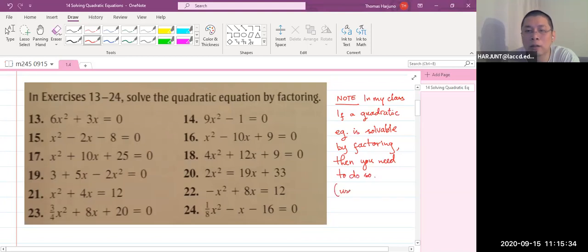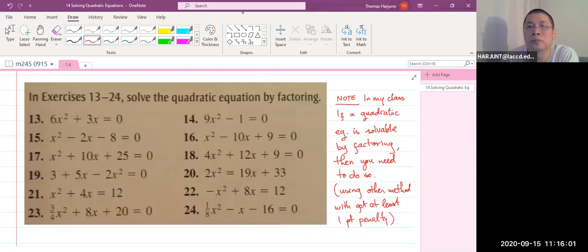Using other methods will get at least 1 point penalty. Okay, in my class. The reason is because if it is something you can factor, then you can do it by factoring. Don't do it by other methods.